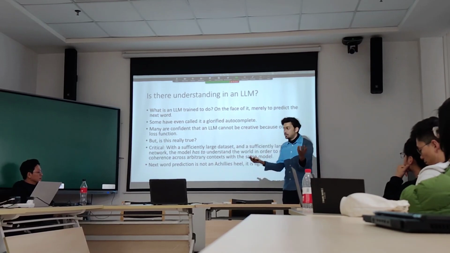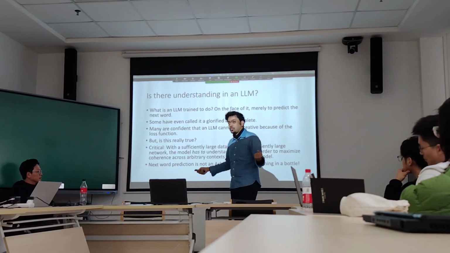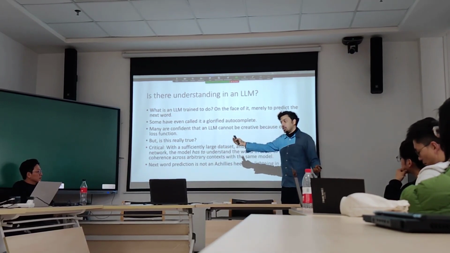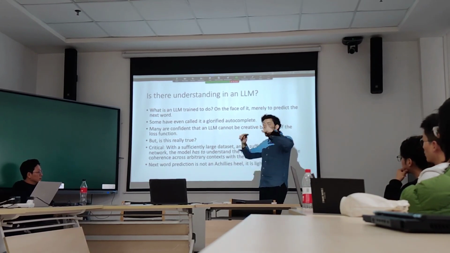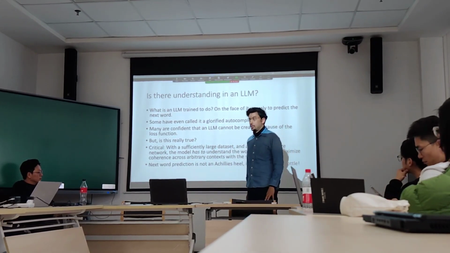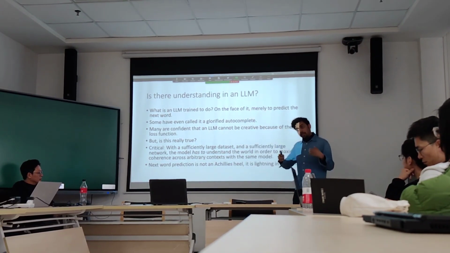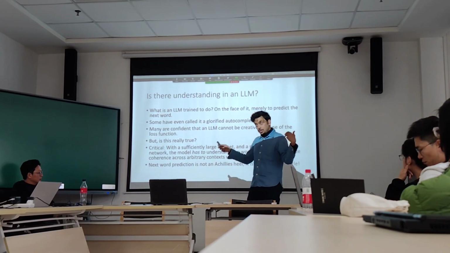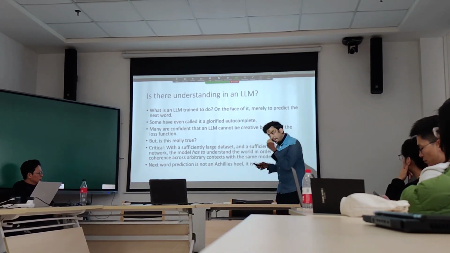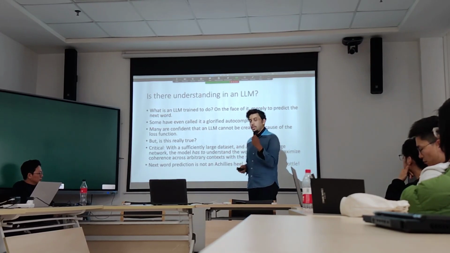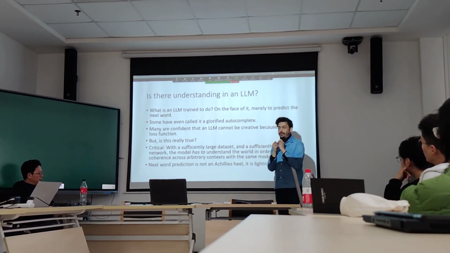Is it really possible that I am very good at predicting the next word in out-of-sample situations, outside the training set, with really no way in which a bicycle and a monkey are linked together? I argue that for a sufficiently large amount of data and training, this is not possible, because fundamentally the weights and the biases in a neural network encode the way in which concepts in the world are linked together.